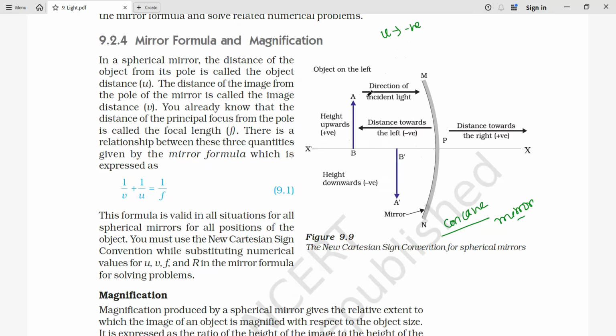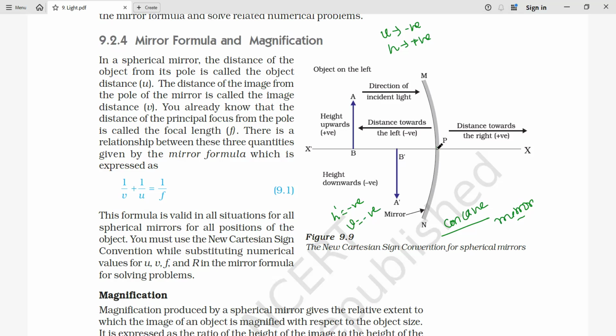And if the object is placed above the principal axis, that object height is going to be positive. If formation of the image takes place below the principal axis, then h dash is negative. And if the image forms in front of the mirror, then v is negative.